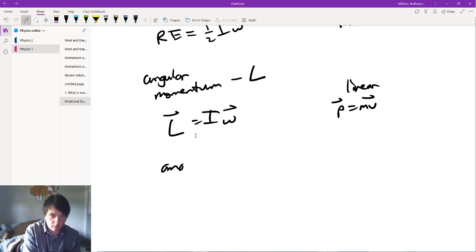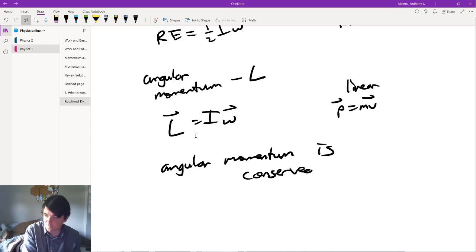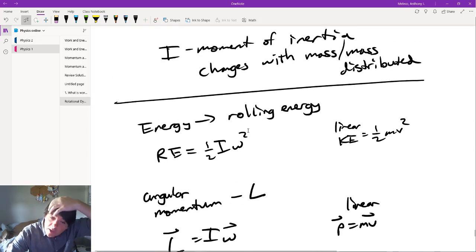And angular momentum is conserved. We'll do a few of these problems. Also, energy is still conserved as well. I don't know if we'll do any of those problems.